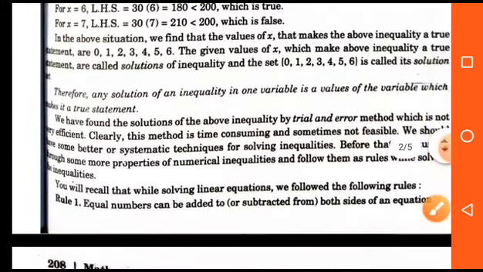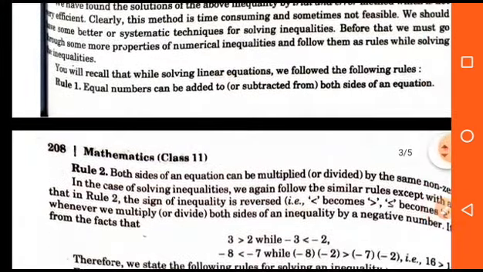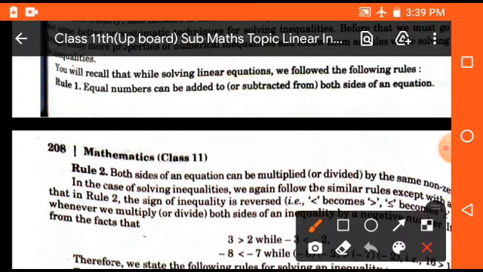Now there are some rules by which we can find the solution set of any linear inequality. The first rule is, equal numbers can be added or subtracted on both sides of an inequality. If we add or subtract an equal number from an inequality, then no change takes place in that inequality.